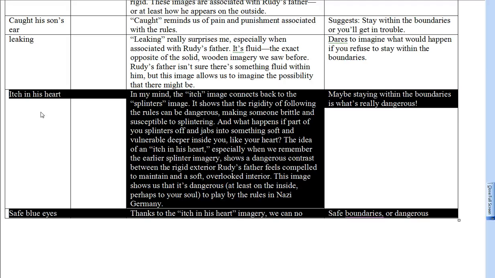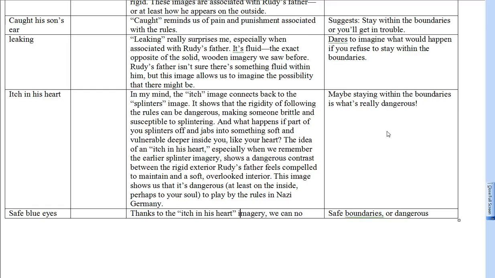The itch in the heart of Rudy's dad sounds like it could be really painful, especially if we associate it with the earlier splinter images. This is making me realize maybe staying within the boundaries is dangerous. Maybe it's actually safer in a way, and maybe you have more of a grip on reality in a way if you try to escape those boundaries.